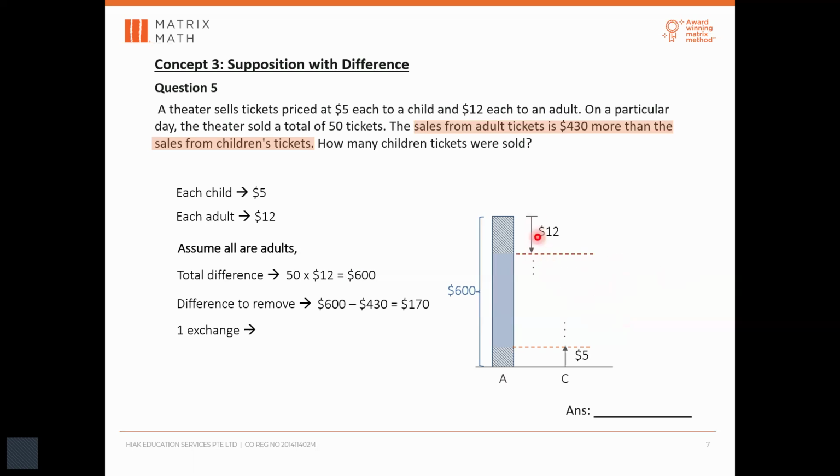Now you see, if this one goes down, maybe this part here will be gone, then this part here goes up. So when you compare this here and this here, the difference is this much.